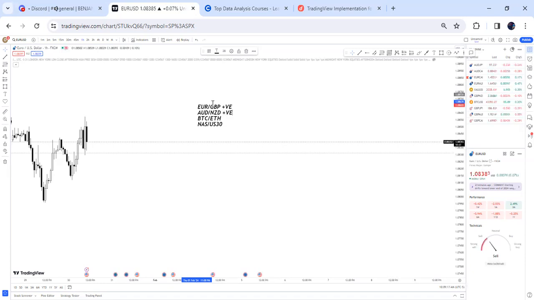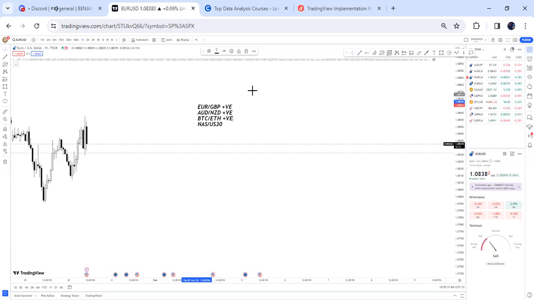If the BTC is buying, we also want to see Ethereum buying. So they have positive correlations, which means they move together. So I can analyze my Euro USD, and then I should be expecting that my GBP USD also should be going in that same direction.